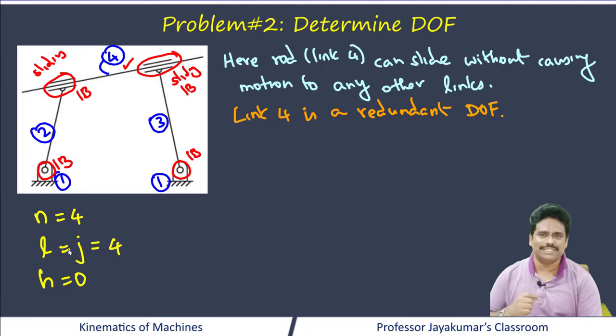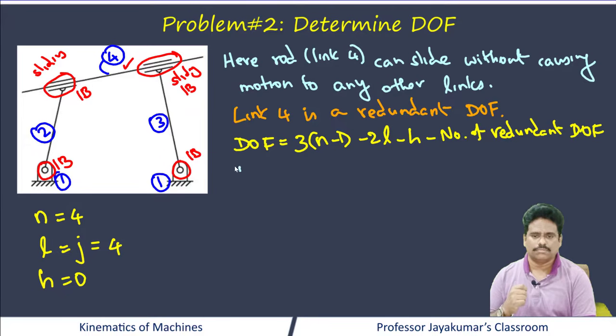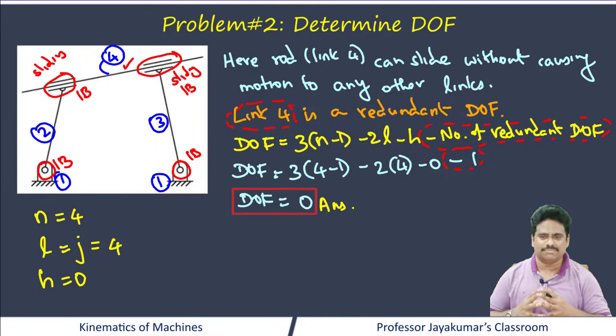So now we can apply this modified formula. So this mechanism results into a structure as degrees of freedom is equal to 0.